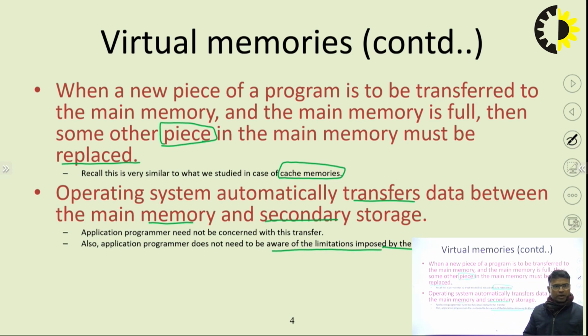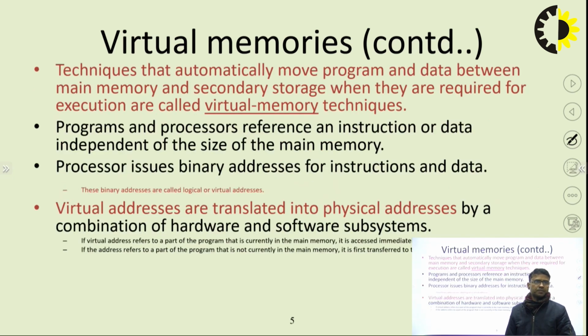One piece is brought into main memory, and if main memory is full of pieces, one particular piece will be removed and the new piece brought into main memory from the secondary storage.